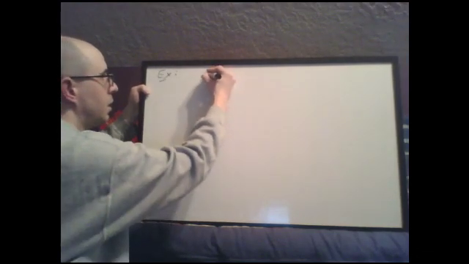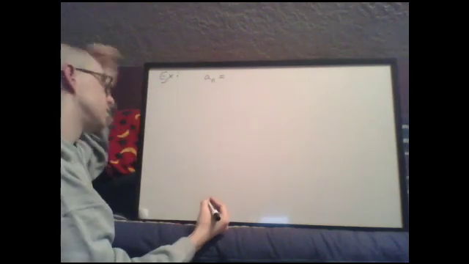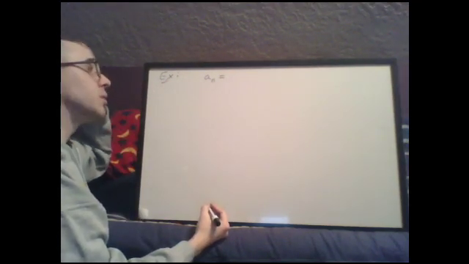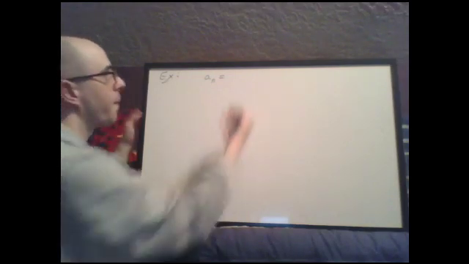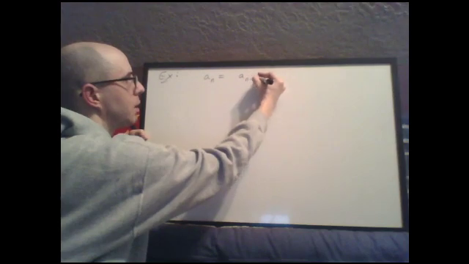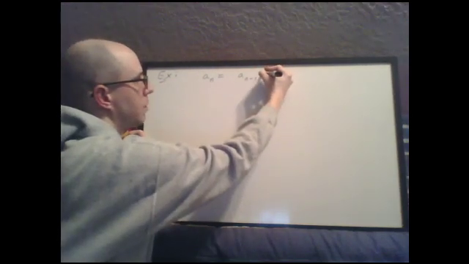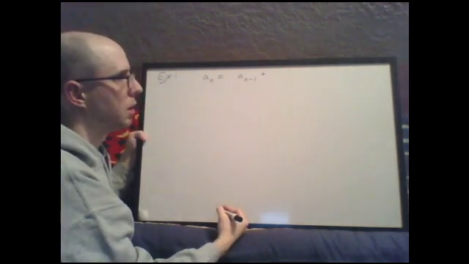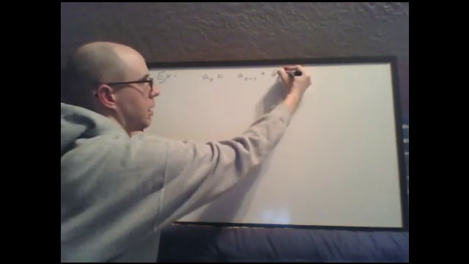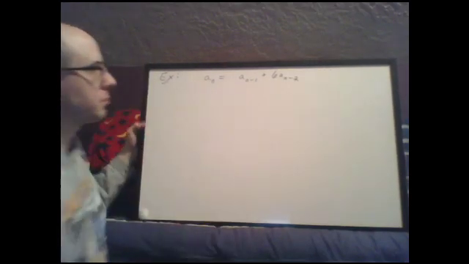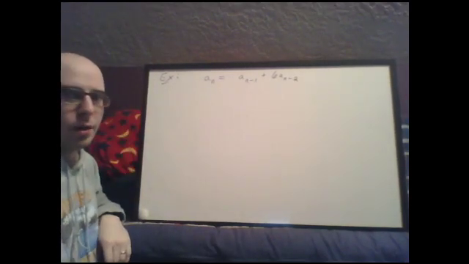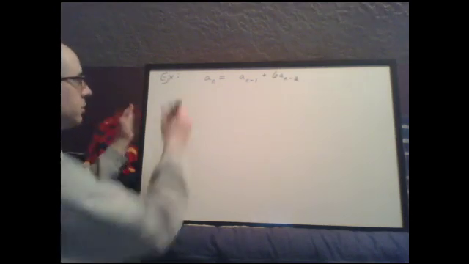I don't think I want to do the Fibonacci sequence right off the bat, so let's do a simpler example. a_n equals a_(n-1) plus 6 a_(n-2). I want to find the general solution.